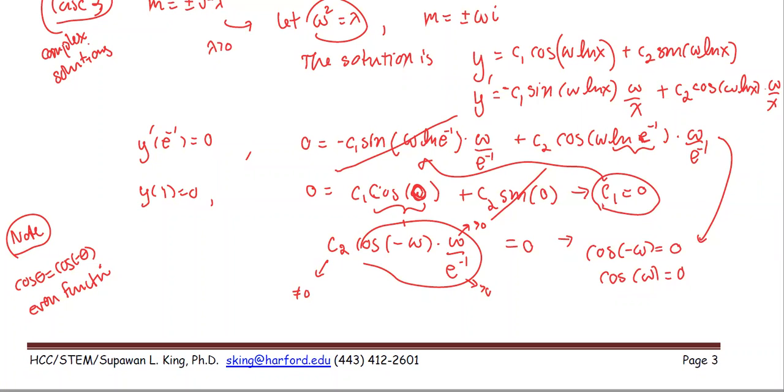What angle makes the cosine 0? Note that omega is positive, right? So omega is going to be what? Pi over 2, 3 pi over 2, 5 pi over 2. You guys follow? We look for the positive angles: pi over 2, 3 pi over 2, 5 pi over 2, 7 pi over 2, and so forth.